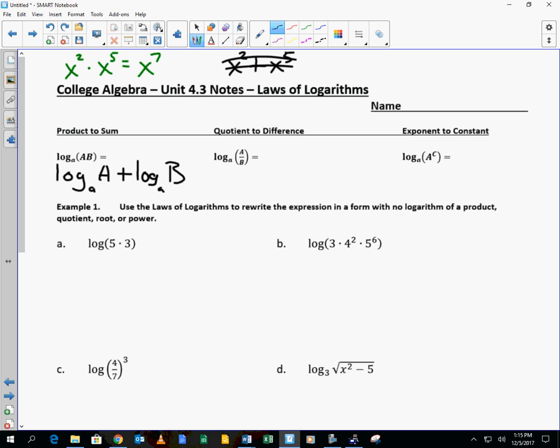So when the bases are the same, a and a, just like here, x and x, you add the exponents. That's what's happening. So if you're dividing, what do you think you do? So you have log base a of a minus log base a of b.